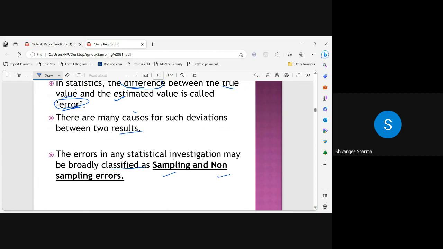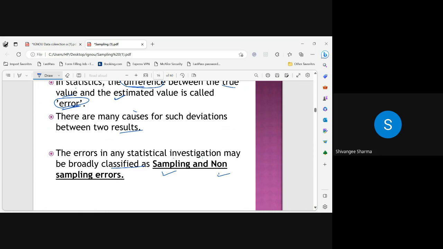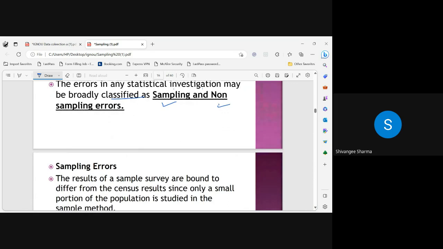So in statistics, we have two types of errors. The one is sampling error and the other one is non-sampling error. These errors are basically the deviations between the estimated value and the true or actual value which you get from your analysis of the data set.